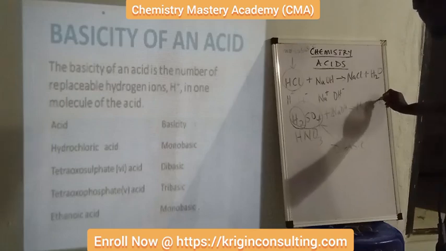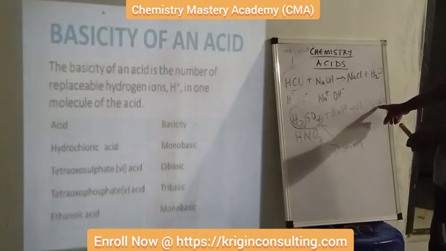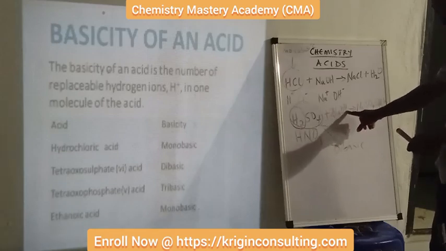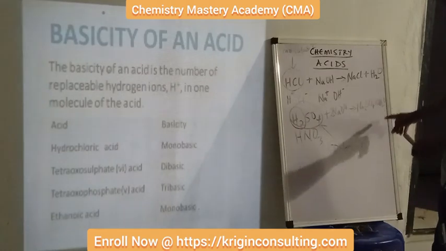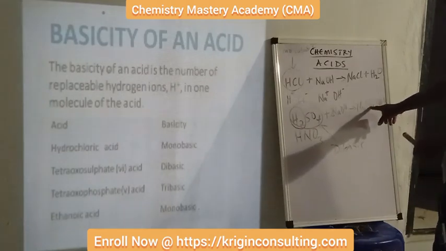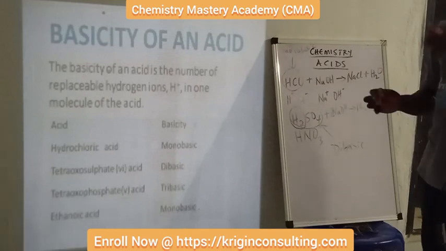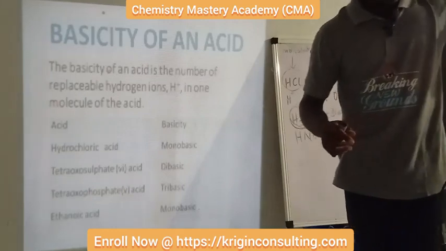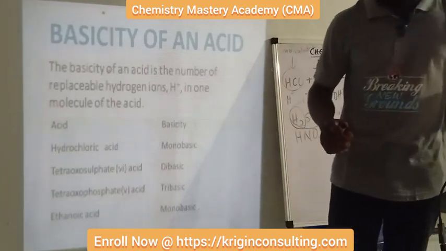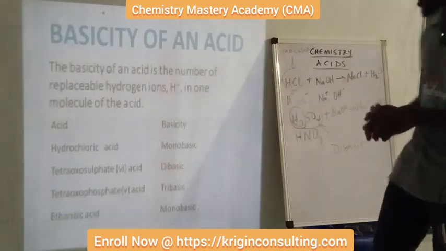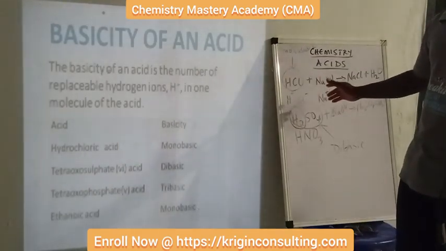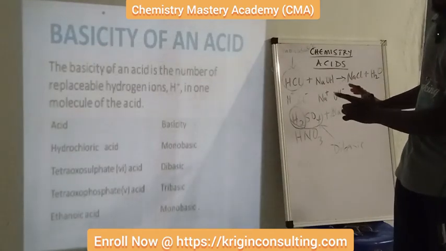Now, if I put 2 in front of this water molecule, I would have made H2 to be 4, and it's 4 here. 2 times this, 2 plus this 2, 4. And then O to be 6. O, 4 plus 2 times this O is 2, 6. I want to assume that we're already familiar with that because that's part of what we taught in our second term work. You can refer back to our second term work to find out writing and balancing of chemical equation. Don't want to really go deep into that right now.